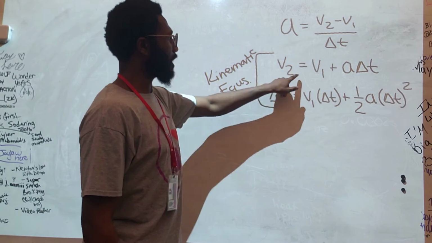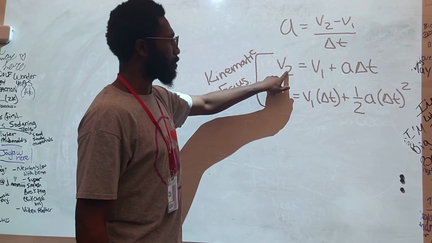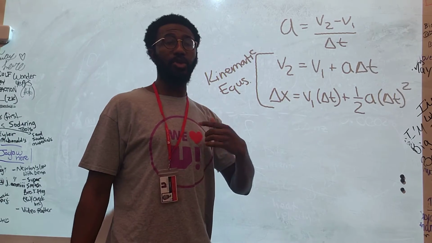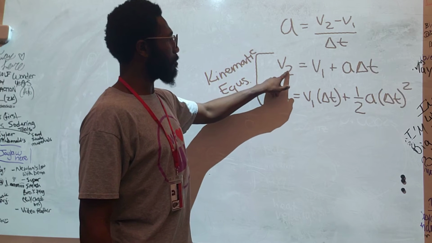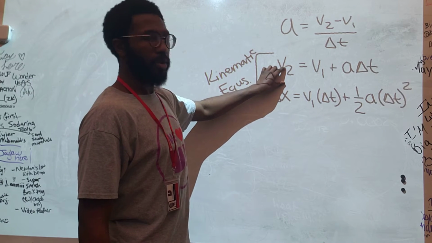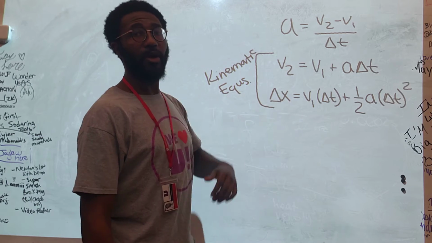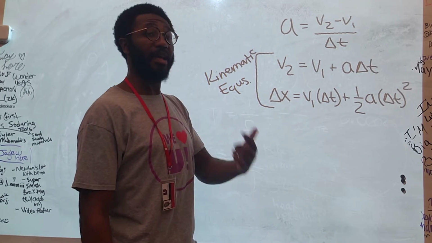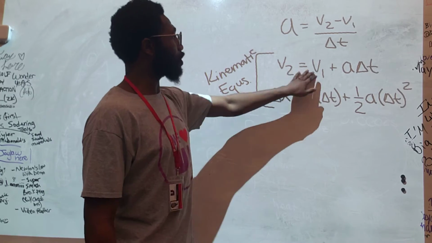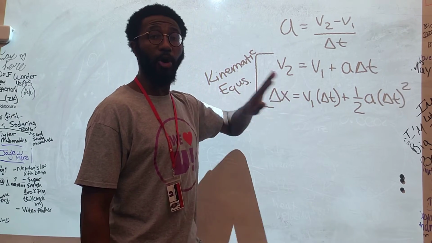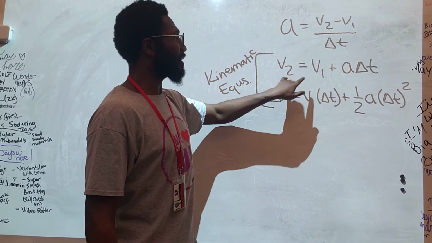And V1 here is just your initial velocity. I know that some people get confused when they see these numbers and they think that means we square the velocity. Remember, if you see a number below the symbol, that is called a subscript. It is not an exponent. A subscript is just telling you, I've got two things, they're both velocities, but they're different.